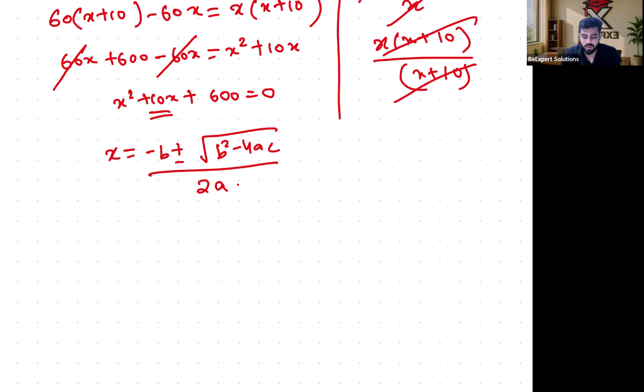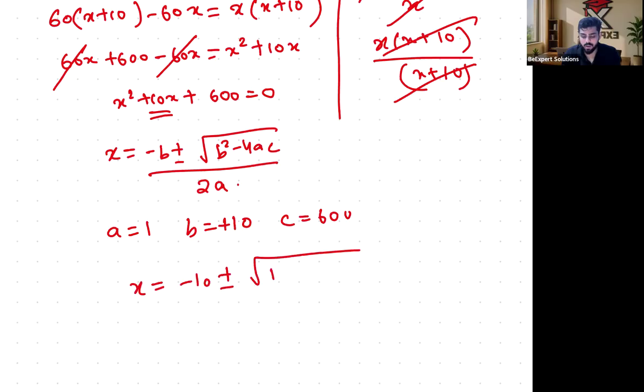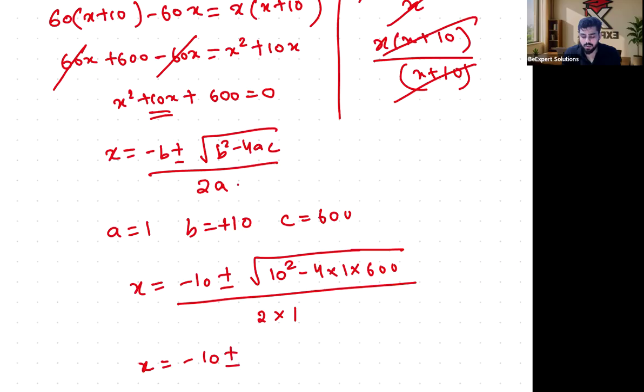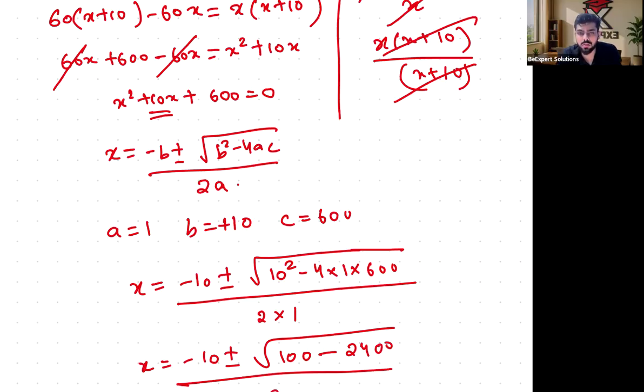Here a is 1, b is plus 10, and c is 600. So you get x is minus 10 plus minus square root of 10 square minus 4ac, and then this is 2 times a. So that gives x as minus 10 plus minus square root of 100 minus 2400, divided by 2.